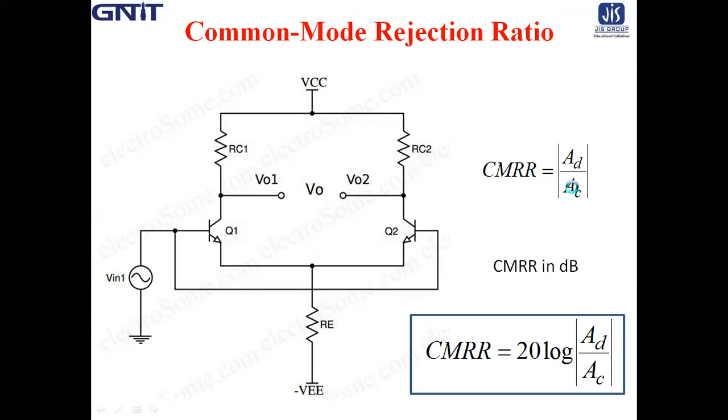It is defined as the ratio of the differential voltage gain AD to the common mode gain AC. Normally the CMRR is expressed in dB, which is CMRR equal to 20 log magnitude of AD by AC. So in that way CMRR is represented. Okay.